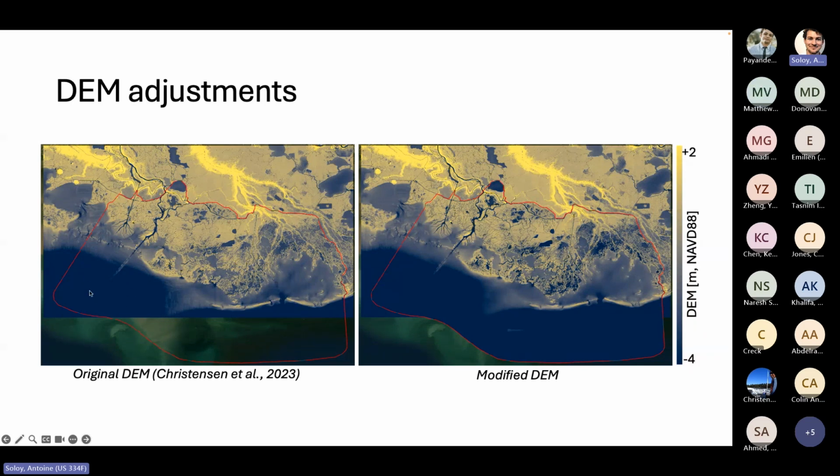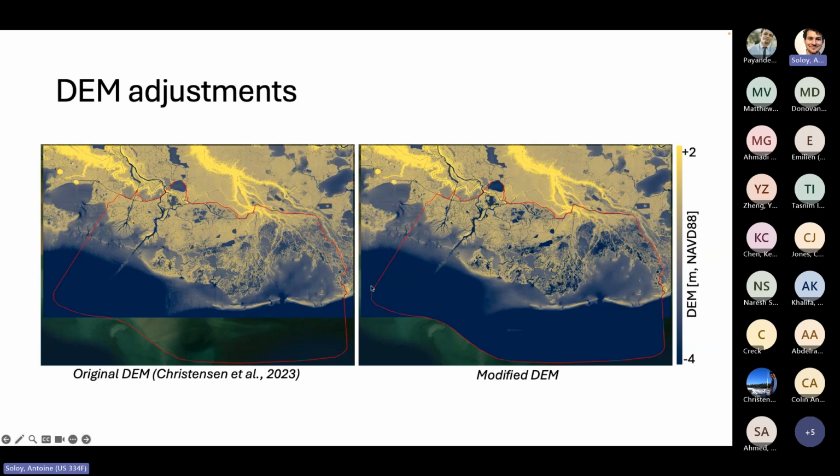We want to be sure that the tide remains consistent all over the coast. And if you have variations in depth, it might be a problem for the tide to propagate correctly.